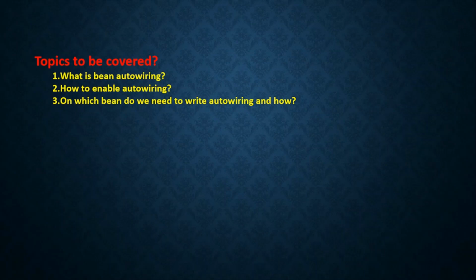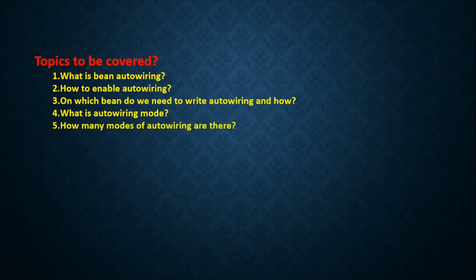Once this part is done, we'll see what the auto-wiring mode is, how many types of modes there are, what they are, and how we are going to use them. Finally, when we are working with the mode, if we find any ambiguity, I will explain when the ambiguity occurs and how we are going to resolve that ambiguity while working with the auto-wiring mode.